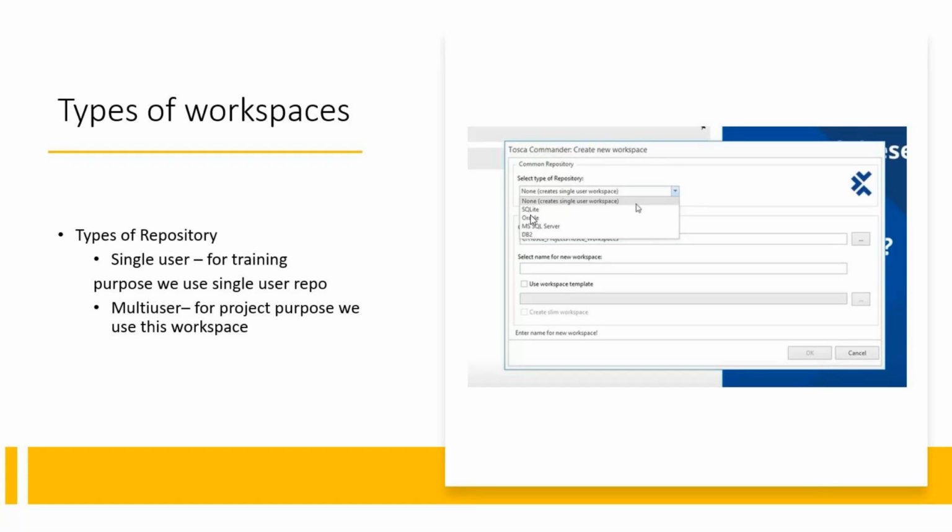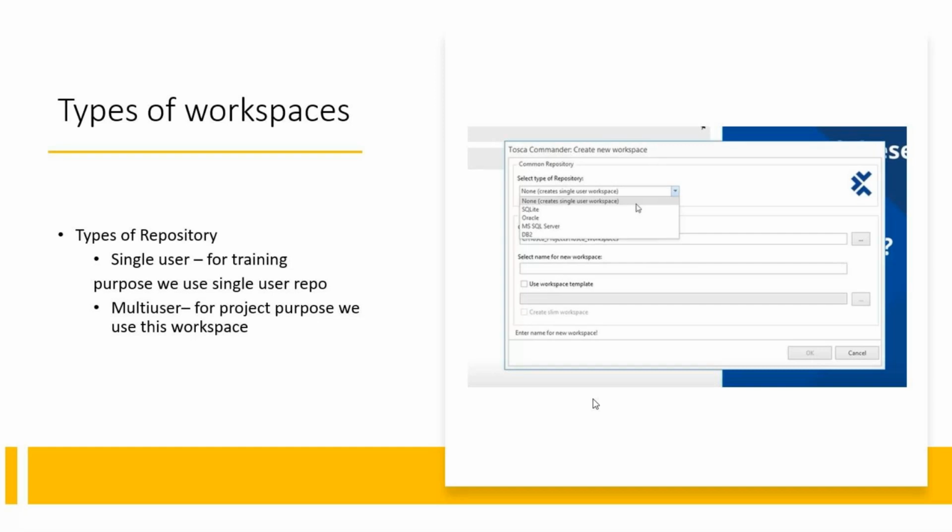And for a multi-user workspace, when you are in a project, you use the multi-user workspace. Now that you are in training, you can use none. There is no central repository that we are selecting, nothing like SQLite or Oracle or MS SQL. You select these things only when you are in a project, and whatever your project uses.